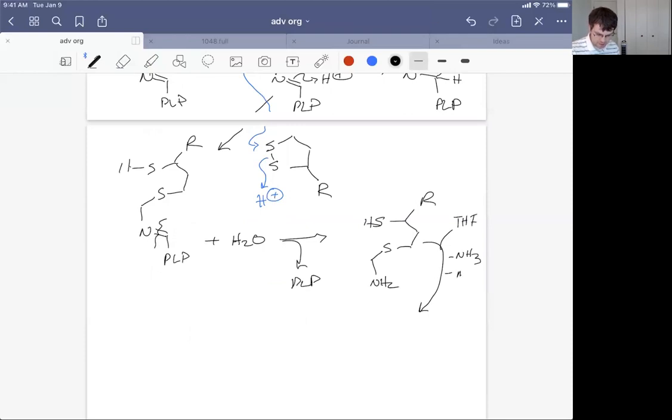We'll lose the methylene THF, and we'll get this dihydrolipoamide, which we've talked about previously as another metabolite that we can deal with.